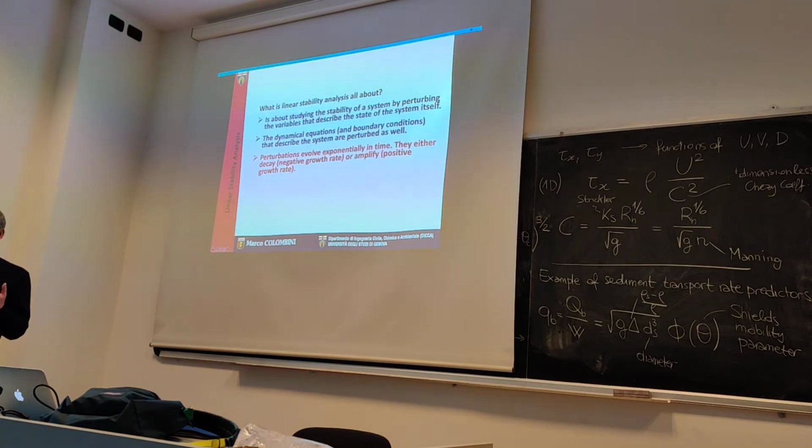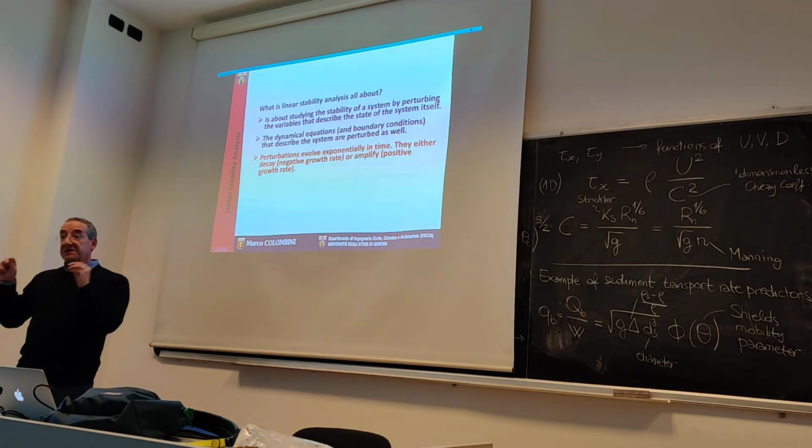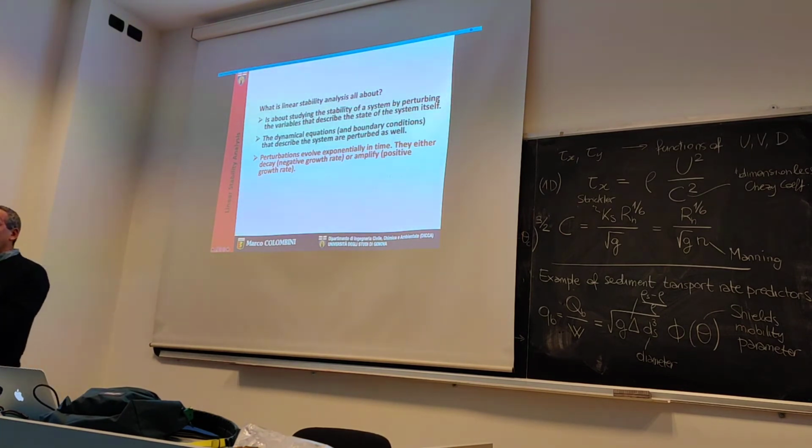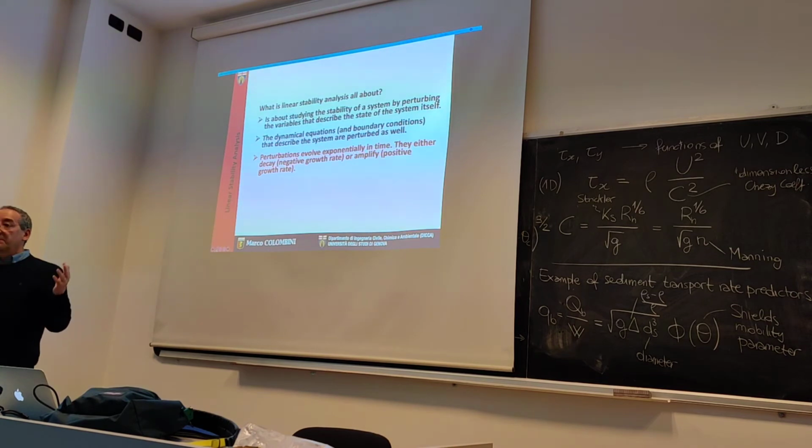For example, you will know by linear stability analysis if in some region of the parameter space you should expect to see one kind of bedform or another. This is a very important piece of information because it allows you to create what is called a regime diagram.